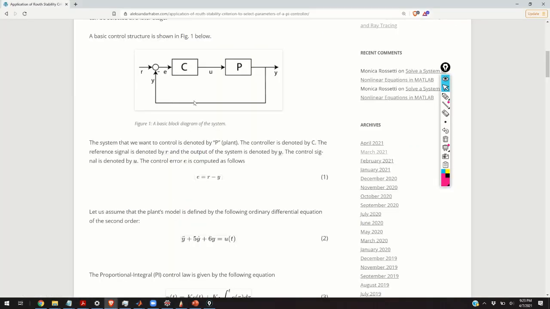Okay, so let's start with calculations. This is the block diagram over here, and the control error is defined by equation 1. This is the ODE model of the plant.